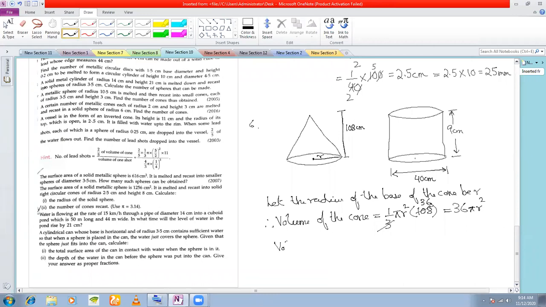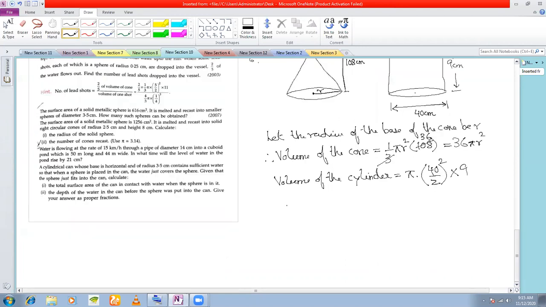Next, the volume of the cylinder is pi r square h. What is the radius here? The diameter is given to be 40, so the radius is 40 by 2, which is 20. Height is 9.